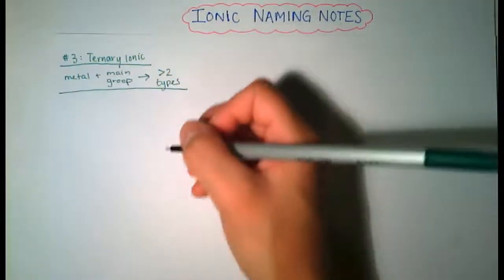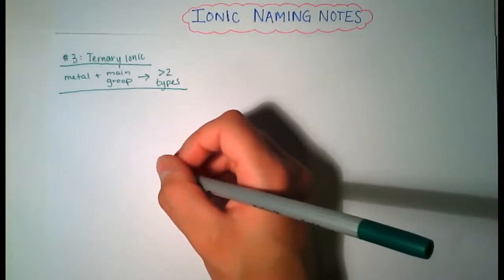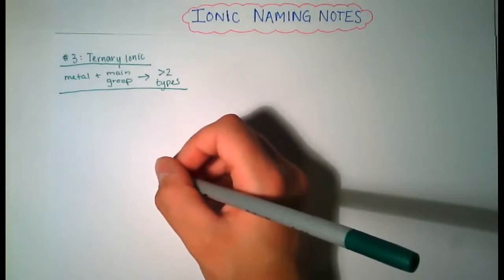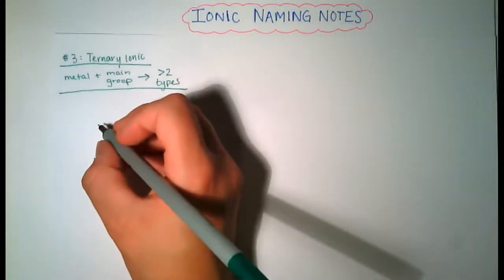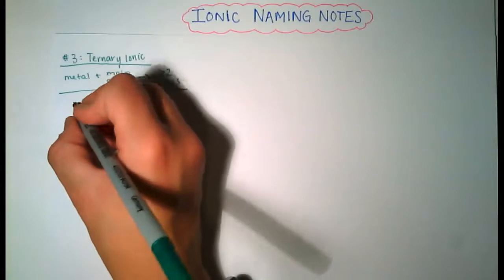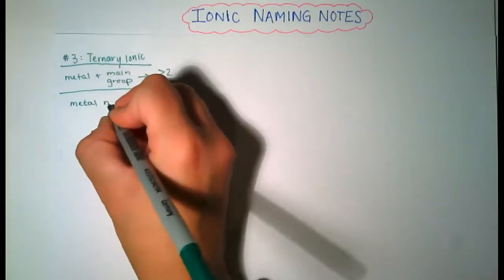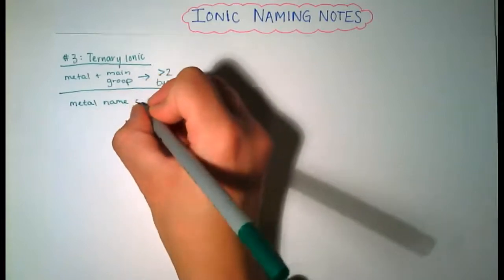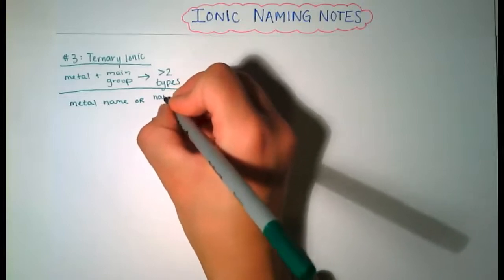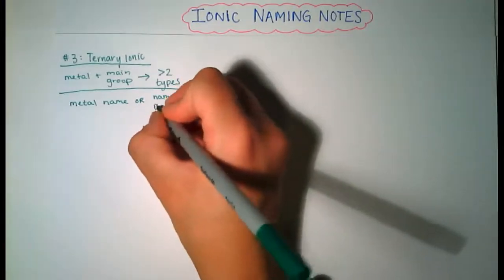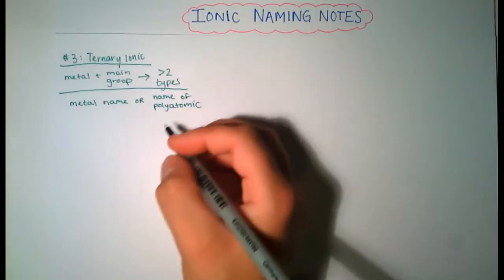And when we have a ternary ionic compound, the first part of our ternary ionic can either be a metal or it could be a polyatomic cation. Usually it's going to be a metal, and once again you just put the name of the metal, and occasionally it might be the name of the polyatomic ion.